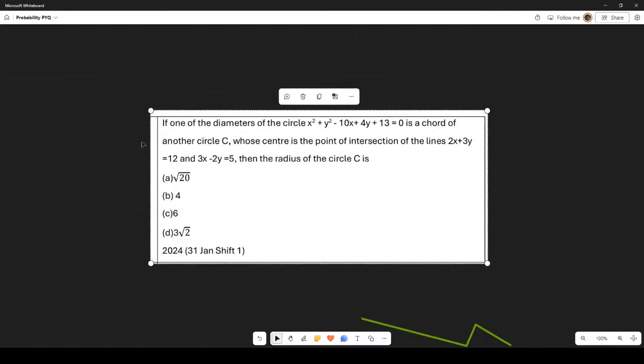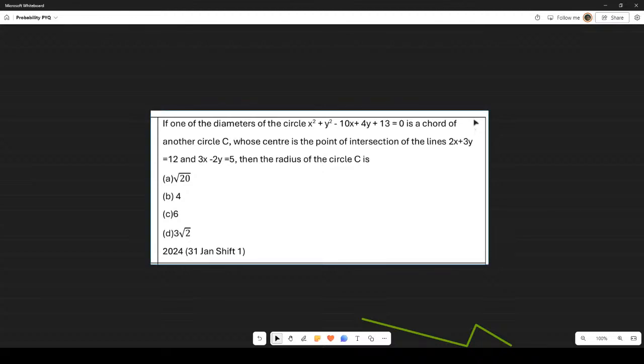Have a diagram first, a good diagram. Surely you are doing number 5. Good, do. One diameter of the circle is a chord of another circle.